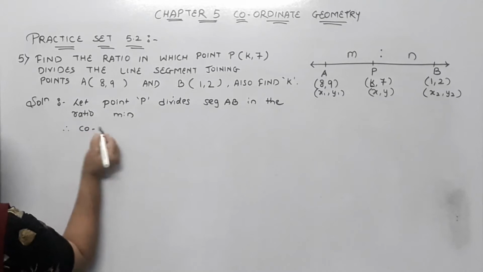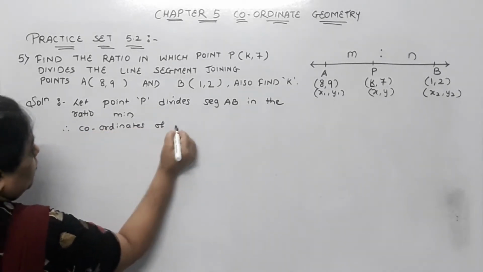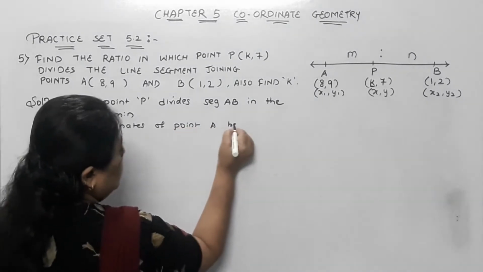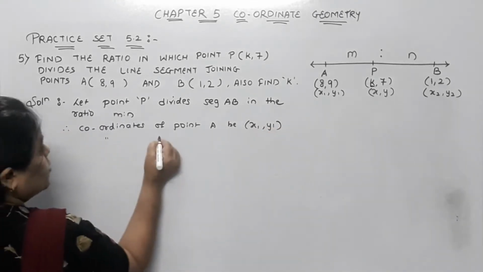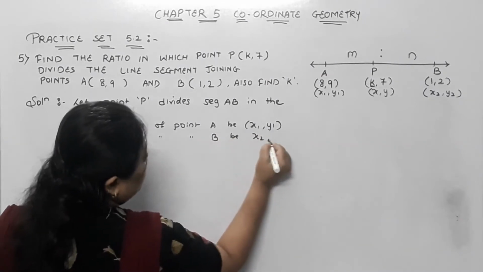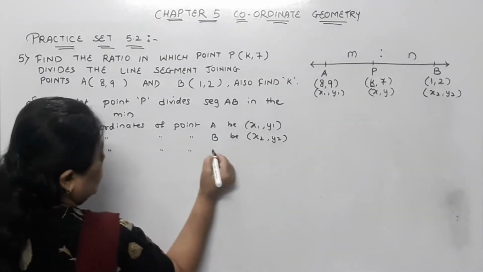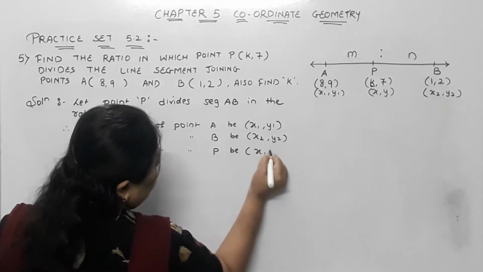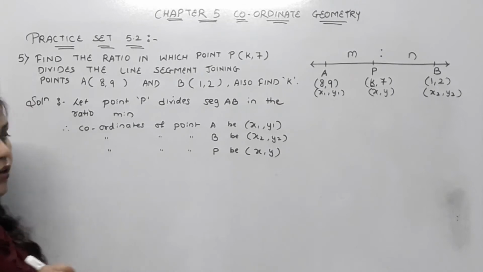Therefore, coordinates of point A are x1, y1, coordinates of point B are x2, y2, and the coordinates of point P are x and y, and the values of x and y are given as k and 7.